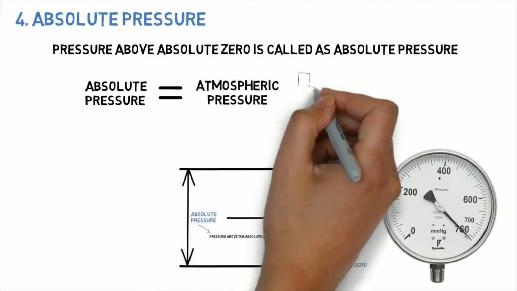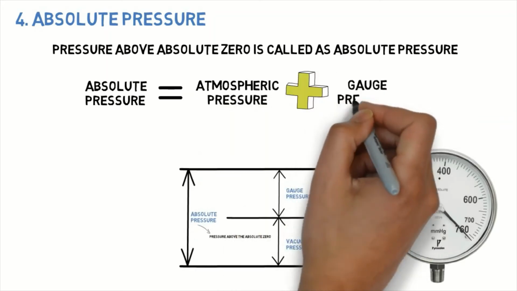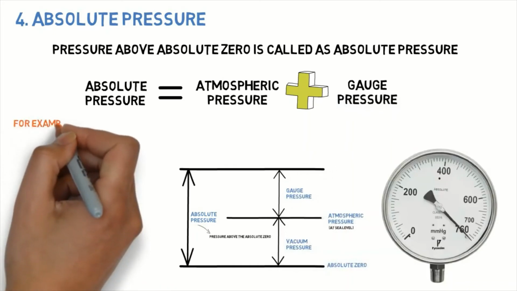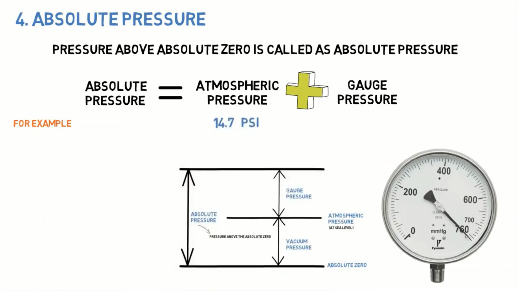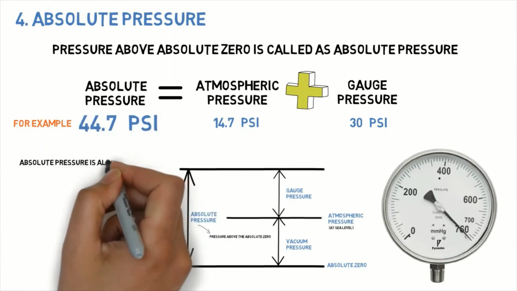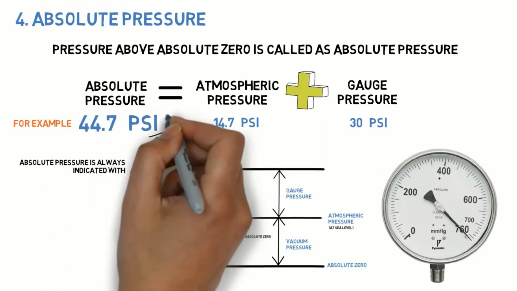Absolute pressure is equal to atmospheric pressure plus gauge pressure. Absolute pressure is always indicated with A at the end of the pressure unit.